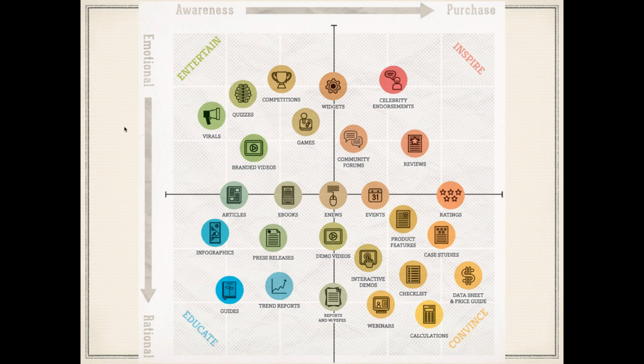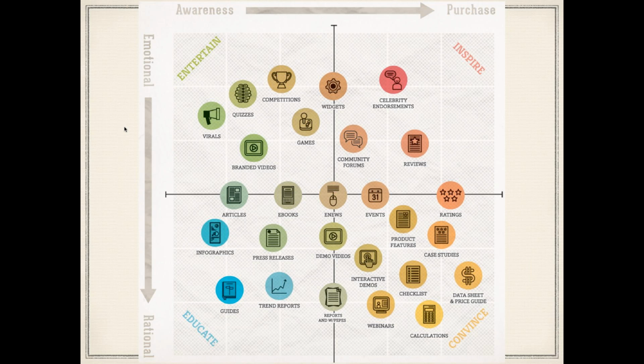But the closer you get to the center, widgets, in the middle of awareness and purchase but still up on the emotional side. So widgets taps into the emotion, but goes right in the center of awareness to purchase.